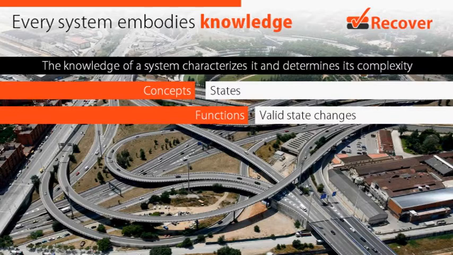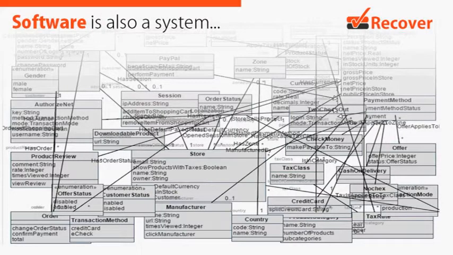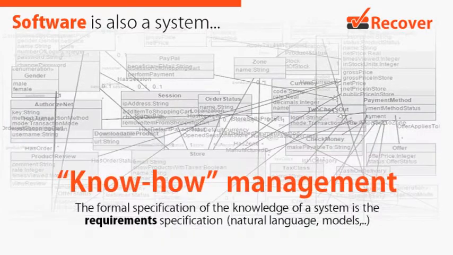The conclusion is that systems embody knowledge about the organization in which they are working, and therefore we need to manage the know-how of a system. We need to manage knowledge in some way, also for software, because software is also a set of related concepts and many functions about its behavior.